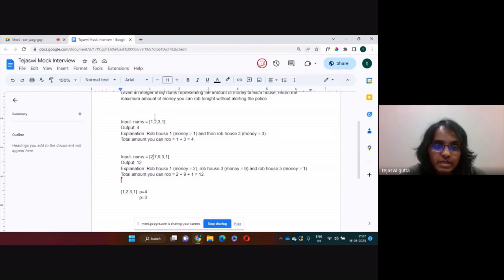If we consider this case, one, two, three, and one, if I'm robbing the first house, I will add the profit at this particular index, which is one plus, and then I'll go ahead with the recursive function by updating the index to the next index. And I'll also maintain a flag here saying that I have robbed the earlier house.